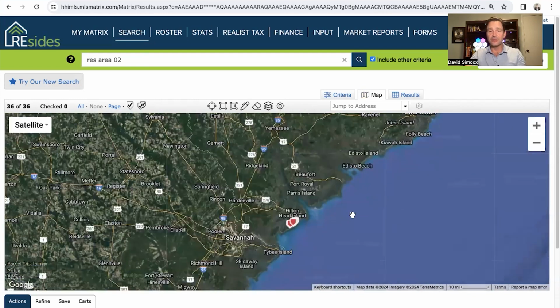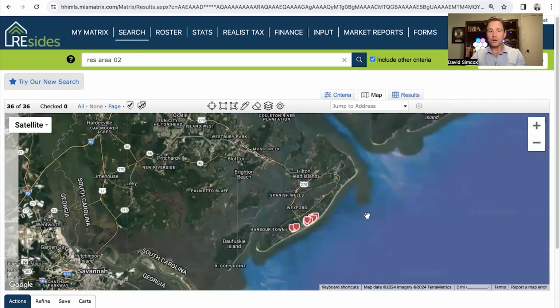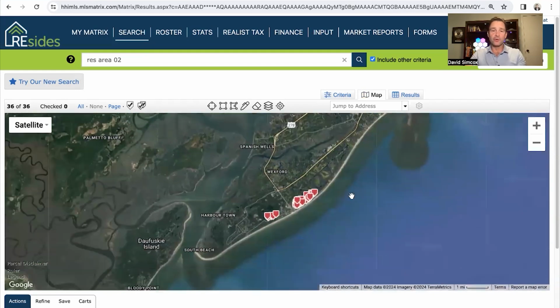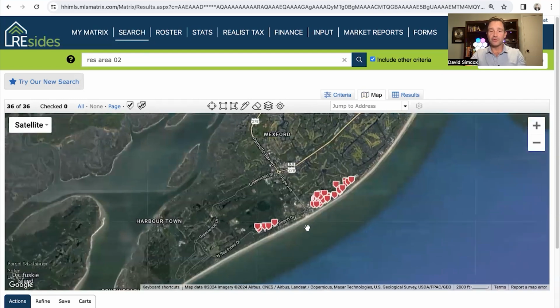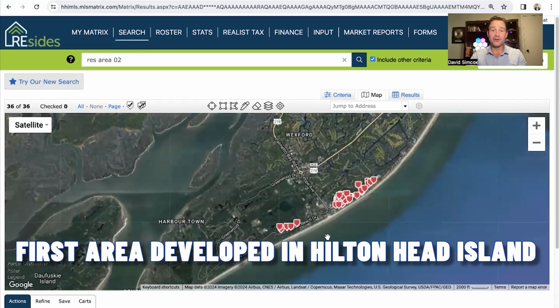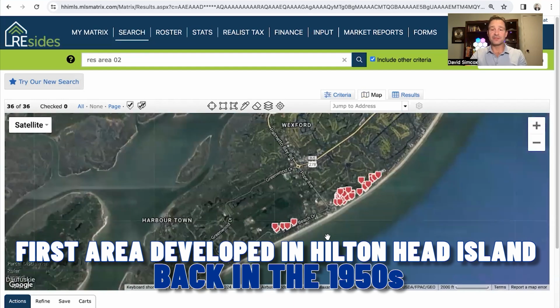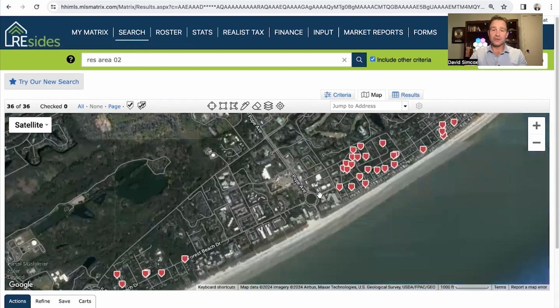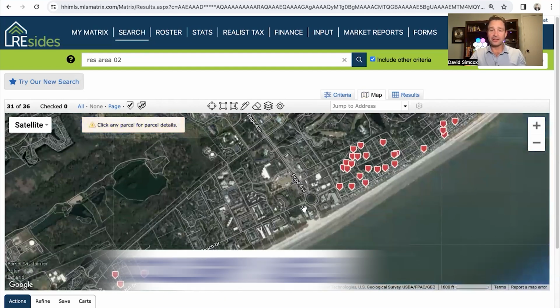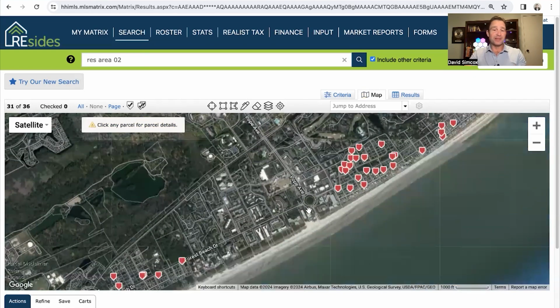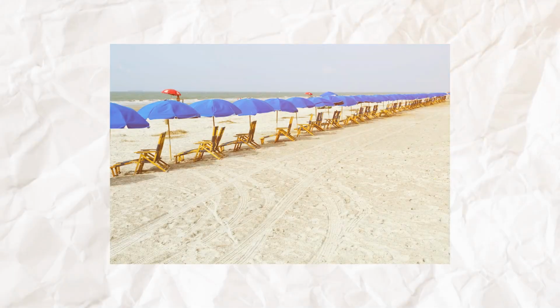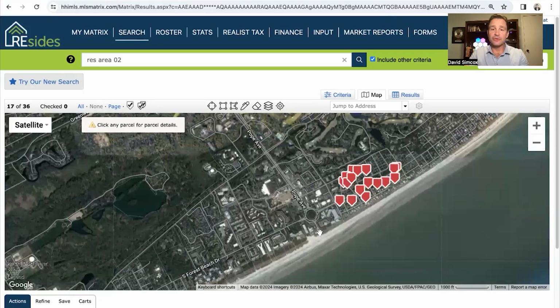And as I zoom in, we're going to go to North Forest Beach. This was the first area of Hilton Head Island that was developed back in the 1950s. And right here, this little circle is called Coligny area. There's Coligny Plaza, which is some shopping, and Coligny Beach, which is probably the most popular beach on Hilton Head Island. And you've got two areas.